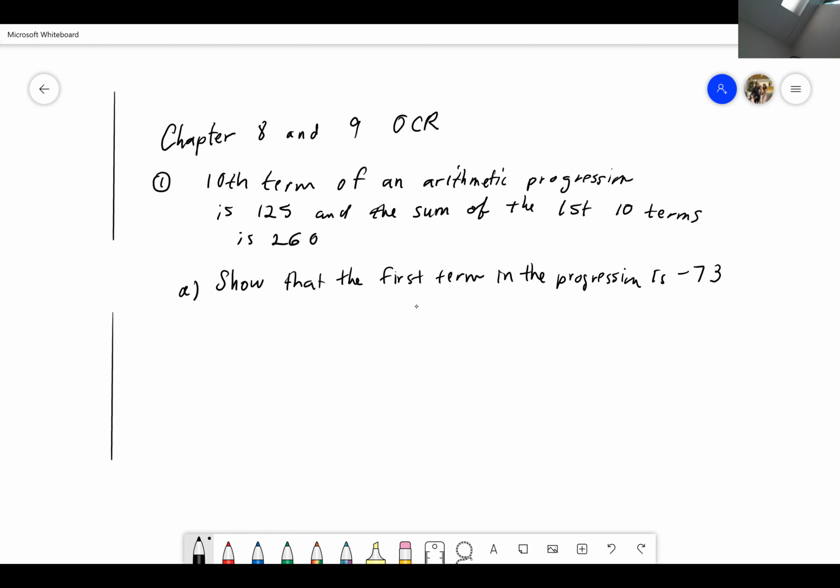That's the first. And then B says, find the common difference.